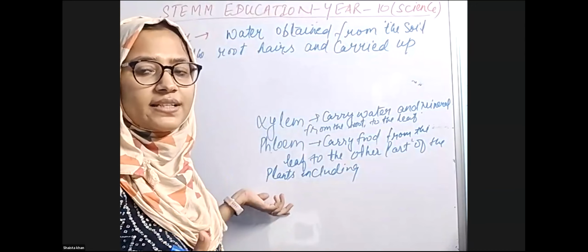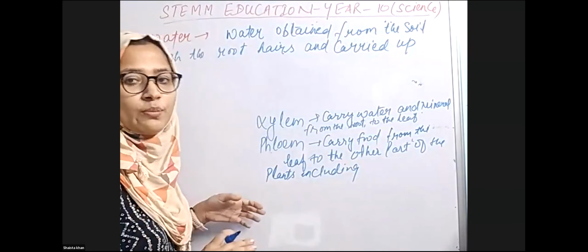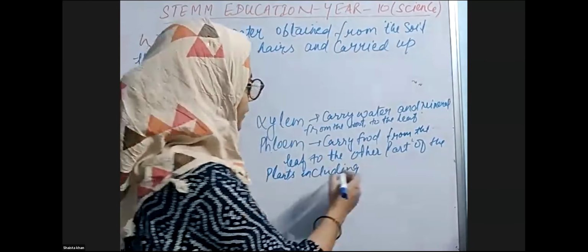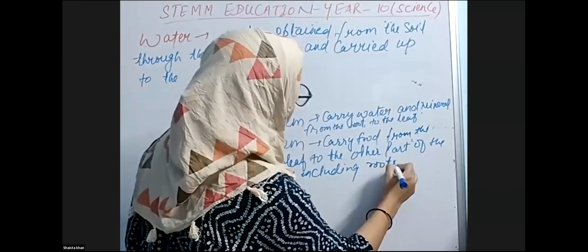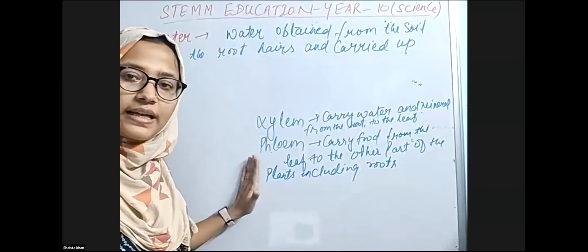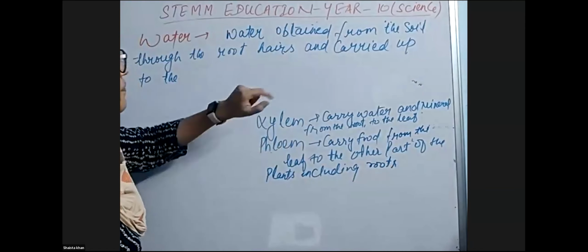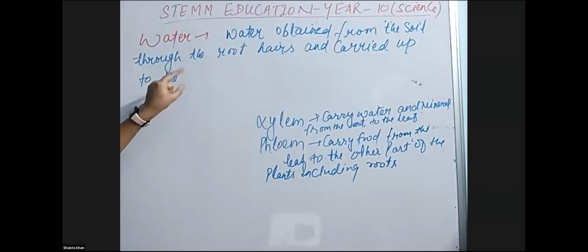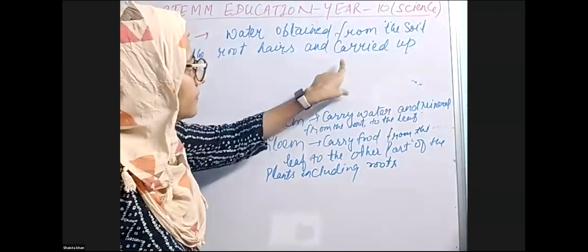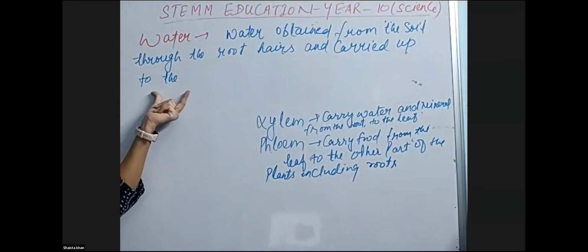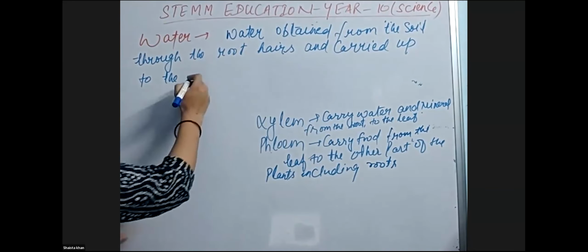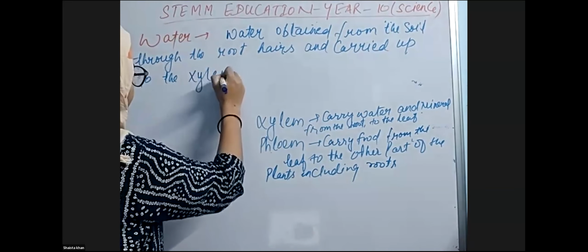What is that? That is the root of the plant. So these are the functions of xylem and phloem. I hope it is clear. So water is obtained from the soil through the root hairs and carried up to the xylem vessel.